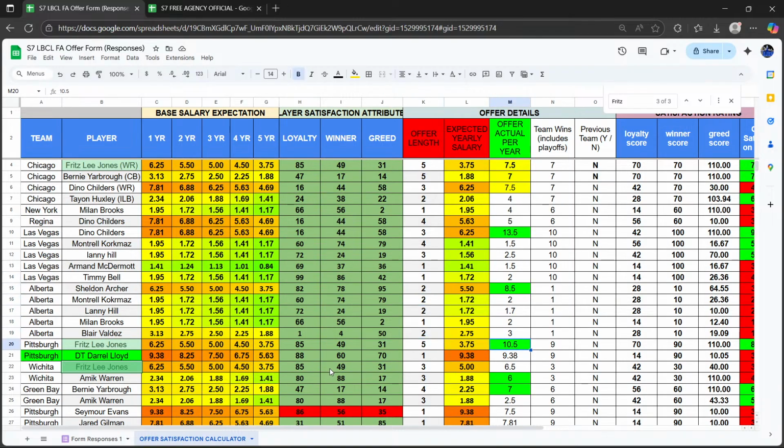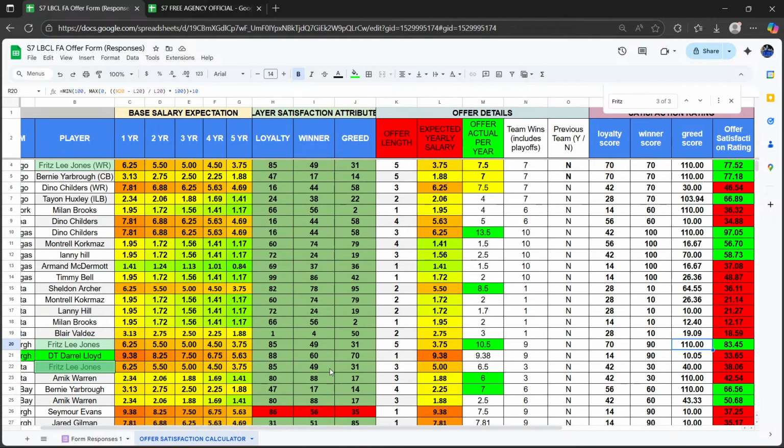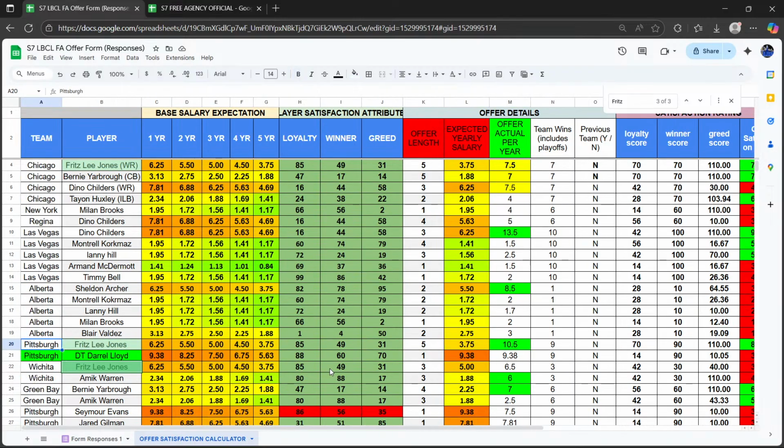Pittsburgh's winner, that 90 winner, we both maxed out greed as a score. But Fritz just liked their team a little bit more, and that bonus did the work.